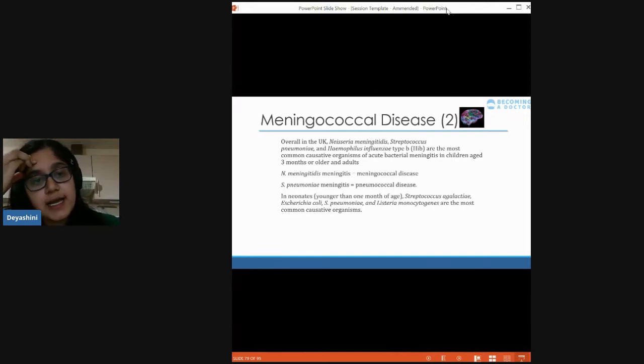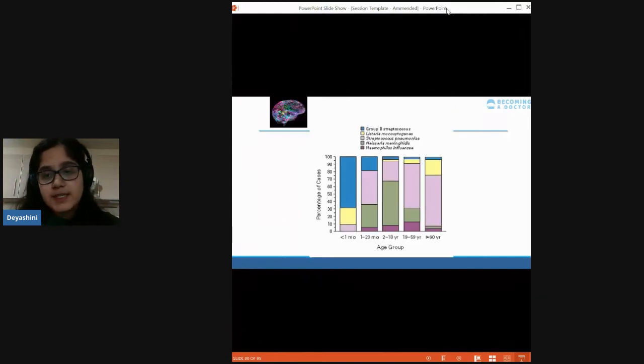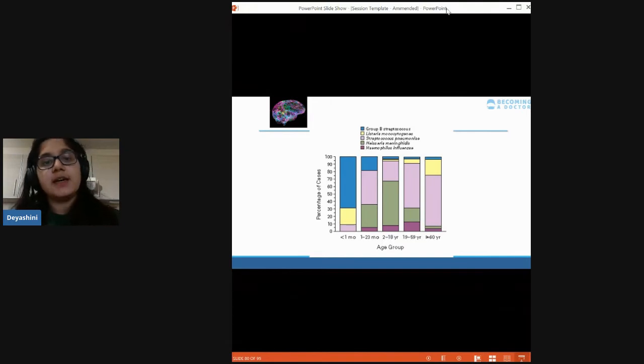GBS and Listeria are very common in neonates, as well as E. coli. Again, the exact antibiotics given will depend on the age group. This is a pictorial representation, which you can look at in more time, but it touches on how in neonates, up to 1 month of age, Group B strep and Listeria are much more common, whereas as you go through the ages, pneumococcus and meningococcus become more prevalent.